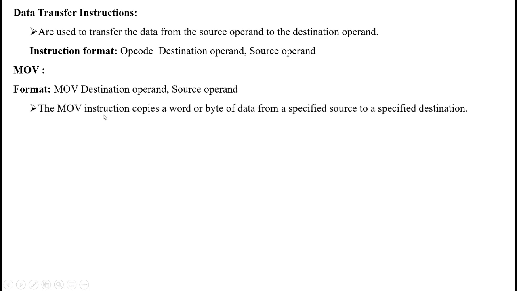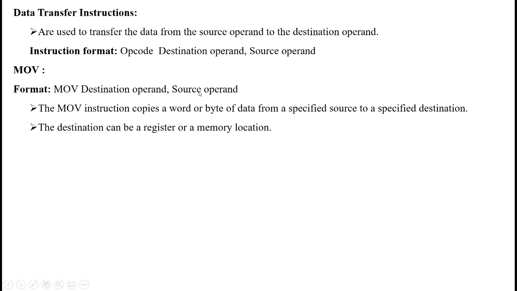If you see the conditions of this move instruction, the source operand may be a byte or word of data, and the destination operand also may be a byte or word of data. Byte means 8 bits of data, word means 16 bits of data.